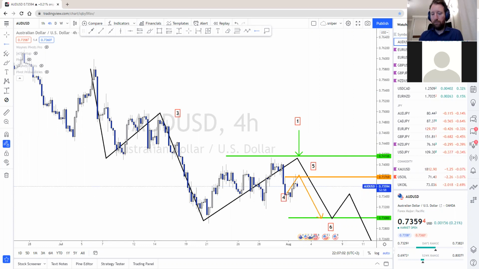So if you're in sales on Aussie dollar, I think that you are well placed, and I hope you have proper stop losses in place, which is above previous high, somewhere in these areas of 74.20. If you have entries around 73.70, give or take, 50 pips area.